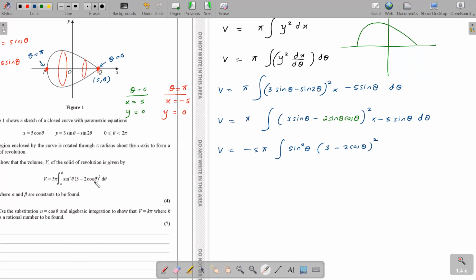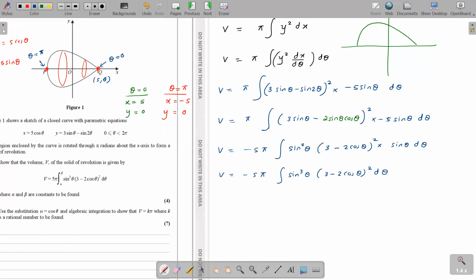It's better because if you open the bracket, you can get the show-that quite easily now. Do you see? Into sine theta d theta. Do you see that we are getting the show-that now? Minus 5 pi sine square into sine is sine cube theta, 3 minus 2 cos theta whole thing squared d theta. Are you with me?